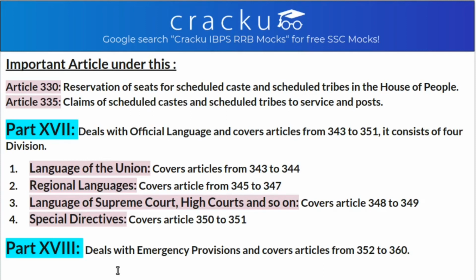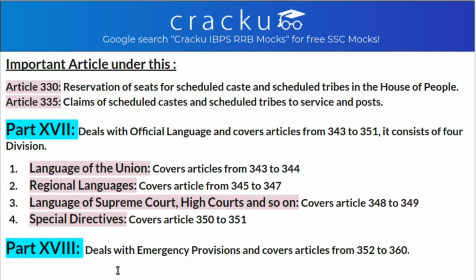And after this we have Part 17. Part 17 deals with official language and covers articles from 343 to 351. It includes 4 divisions. They are language of the Union, that is under Articles 343 to 344. Then comes regional language, which covers articles from 345 to 347.